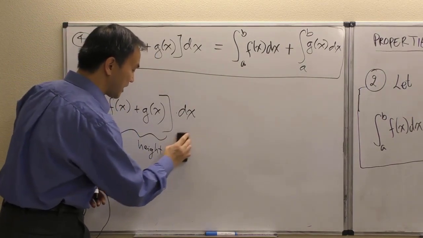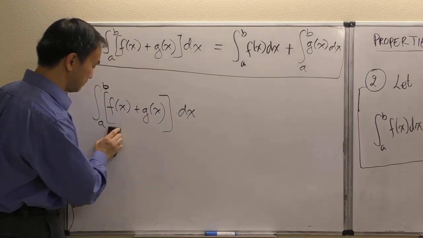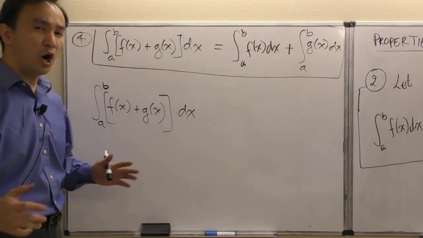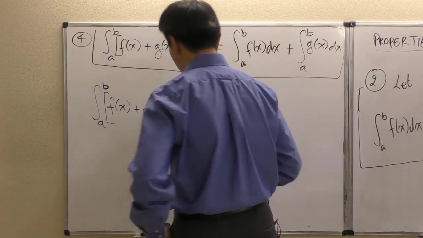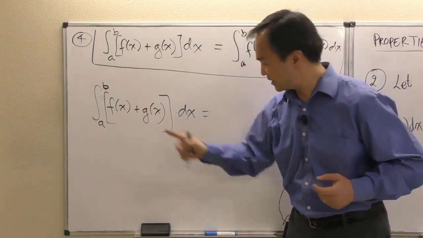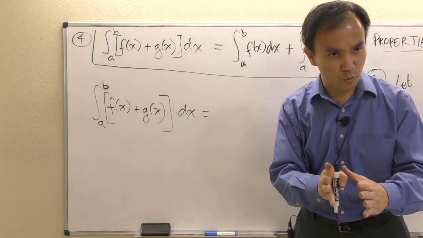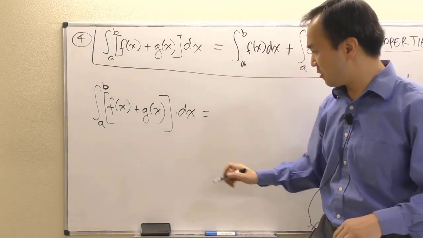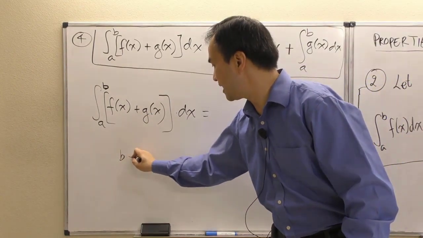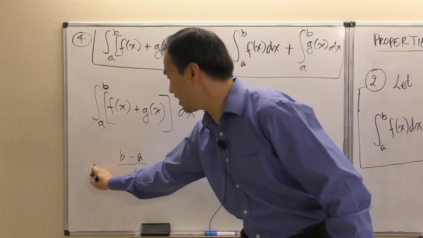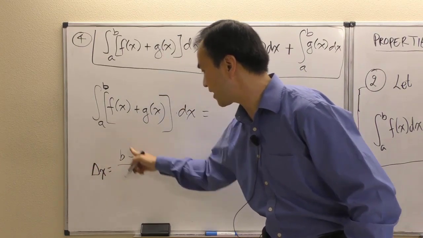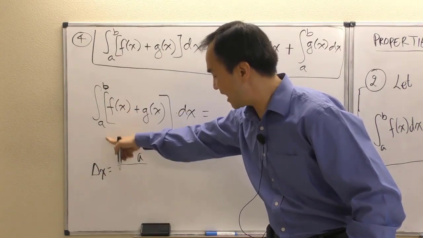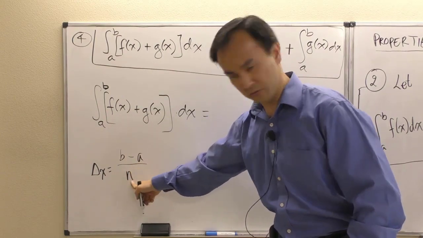But aside from that minor reminder, the ultimate understanding about any definite integral is that it's a Riemann sum. From A to B, first of all, we're breaking the total interval from A to B into n subintervals, each of width delta x.